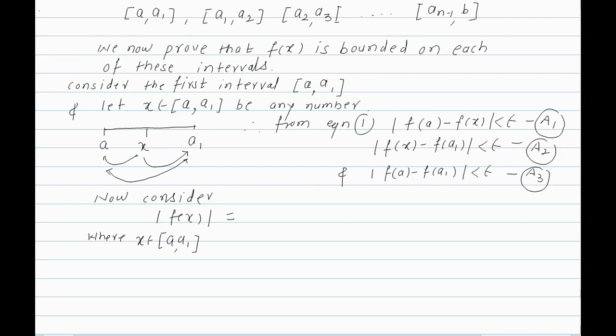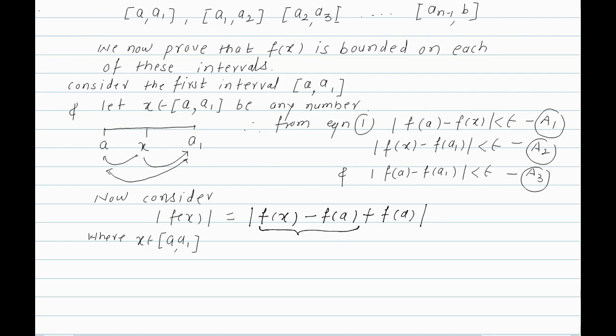So it is equal to mod of f of x. Now subtract f of a and add f of a. Now there are two terms.